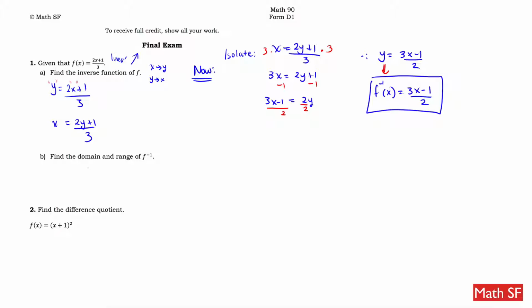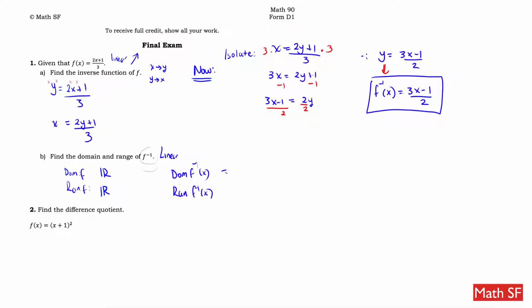Now let's find the domain and the range of this new function. Whenever it comes to this part, first you have to find the domain and the range of f. So let me find the domain and the range of f. The domain of f, because it's a linear function, is going to be all the real numbers, and therefore its range is going to be all the real numbers as well. And now how about the domain and the range of the inverse function?